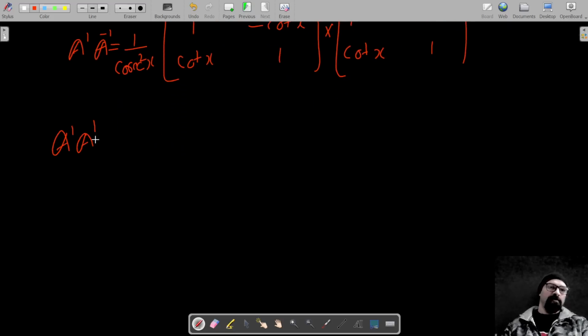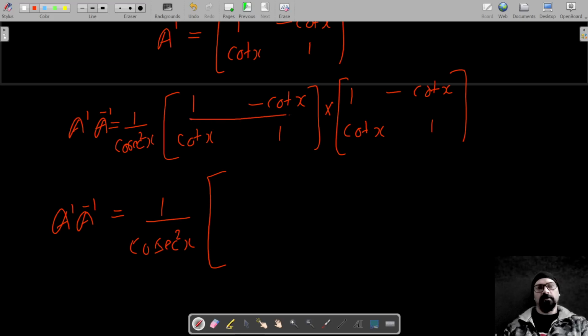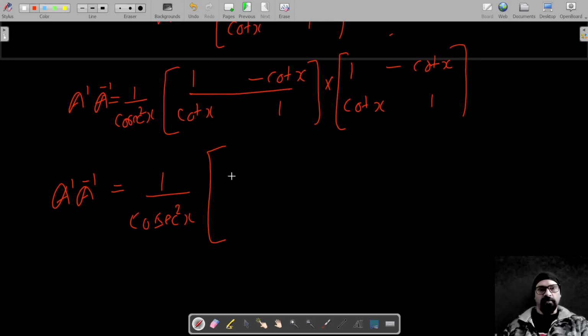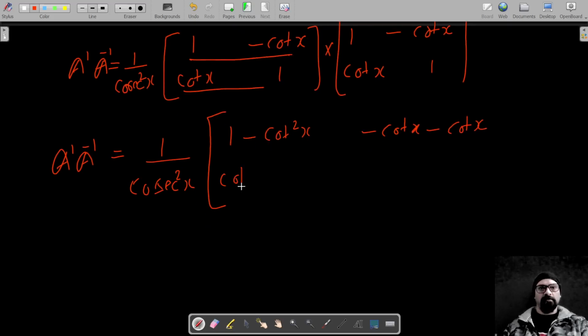So A transpose into A inverse is equal to 1 by cosecant square x. This into our first column: 1 into 1 is 1, and negative cot square x. This with the second column: negative cot x and cot x plus cot x.